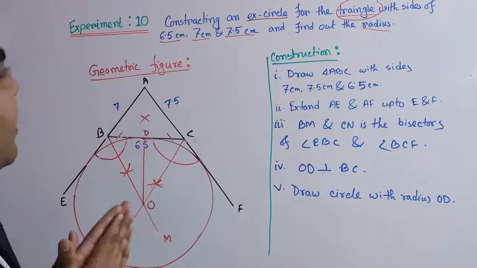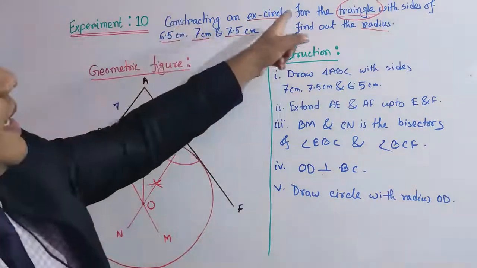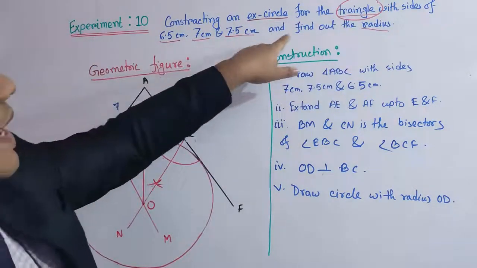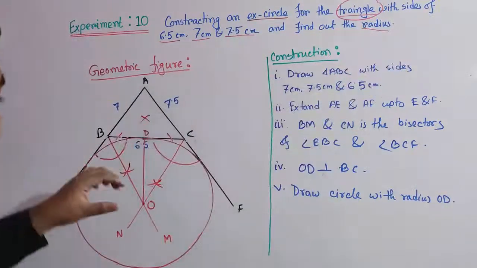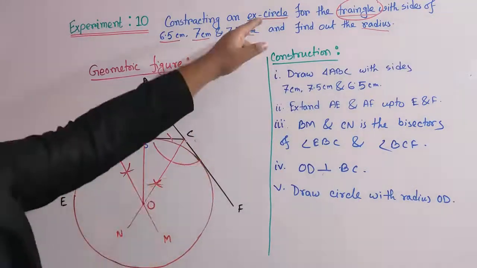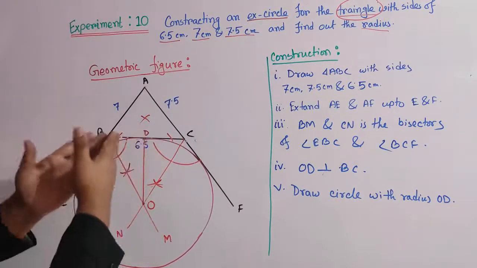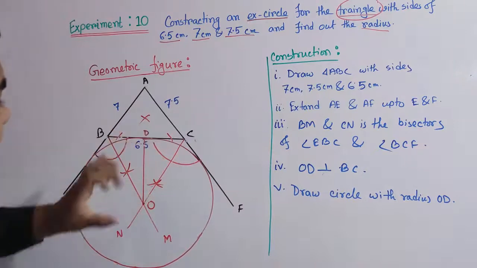So what the question says is: construct an excircle for the triangle with the given sides and find out the radius. My dear students, we have already drawn the excircle. Now we just need to figure out how much the radius is.